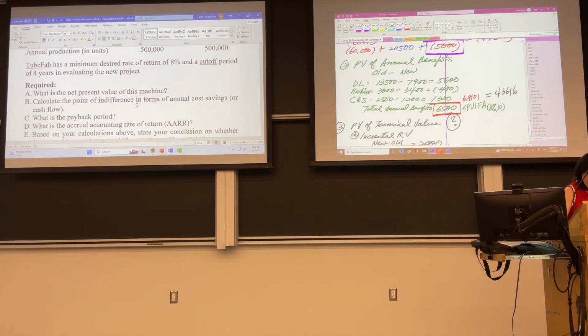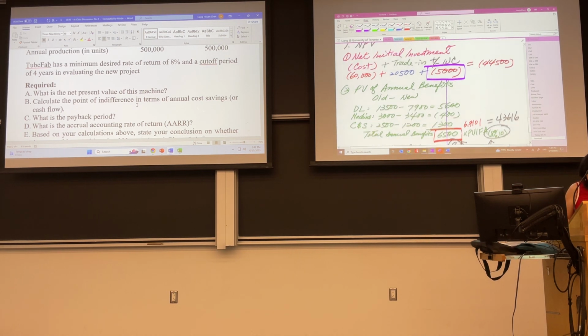So this is the annual cost saving. If you say what's the interest rate to make the whole thing equal zero, point of indifference, this is called IRR. If we change this, this is called IRR, to make the net present value equal zero. So point of indifference, interest rate.